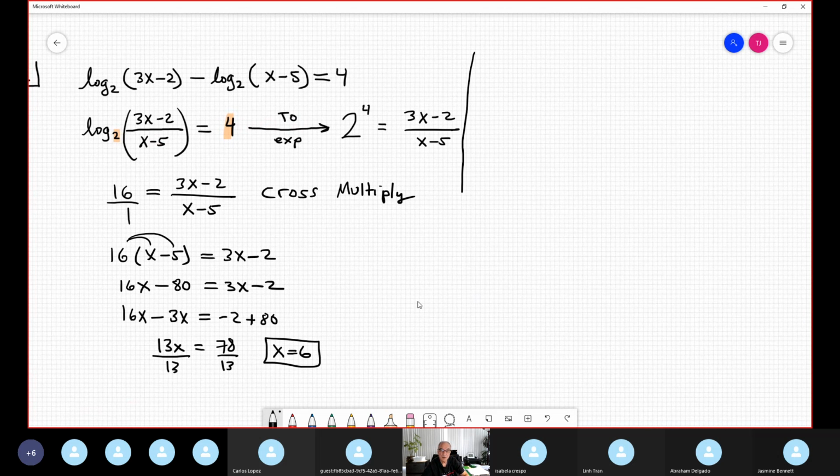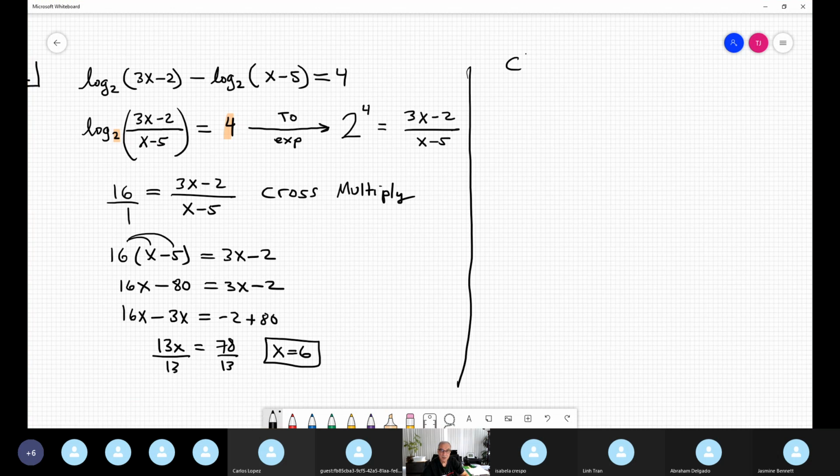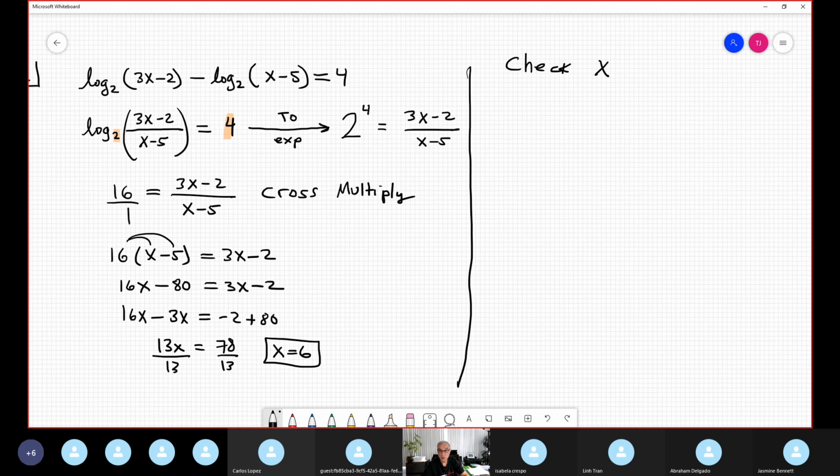I'm checking the potential solution 6. I need to compare logarithm base 2 of 3 times 6 minus 2, replacing x with 6, minus logarithm base 2 of 6 minus 5, which should be 4.